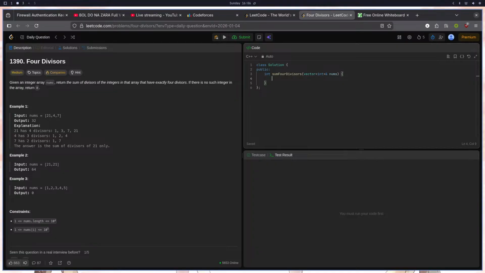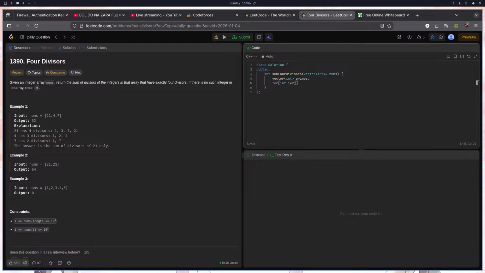Find all the prime numbers up to 10 की पावर 5 है ना, तो सी भी कर सकते हैं, बट मेरा मन नहीं है. vector<int> primes. 1e3 square 1e6. भाई ठीक है, इश्यू नहीं होगा.